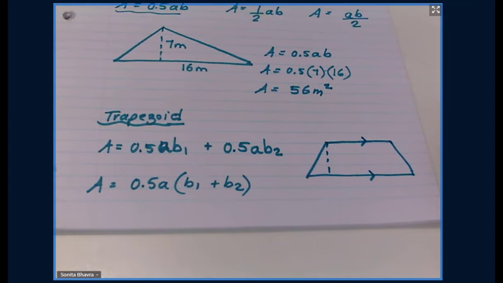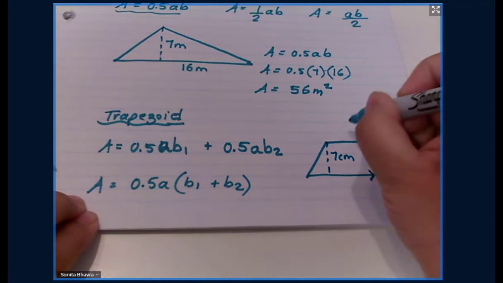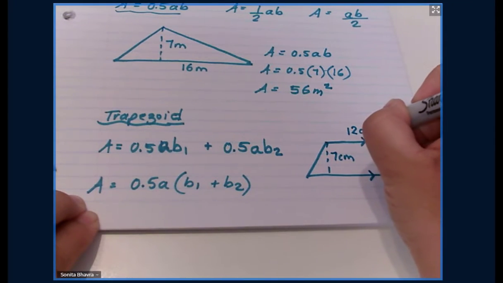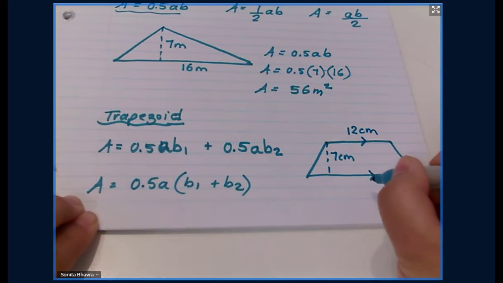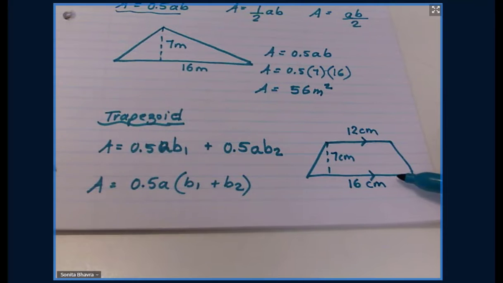And A represents altitude. So in this case, let's say we have a 7 centimeter there. We have the base, and we have another base. All right, so base 1 we could say is 16 centimeters, and base 2 is 12 centimeters. The bases are always the two parallel sides. All right, and then the height is here.